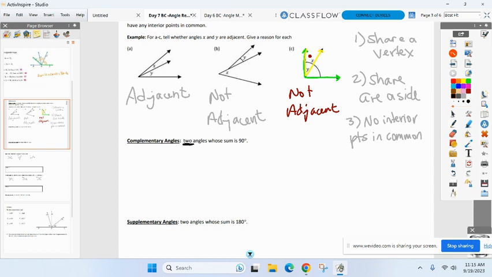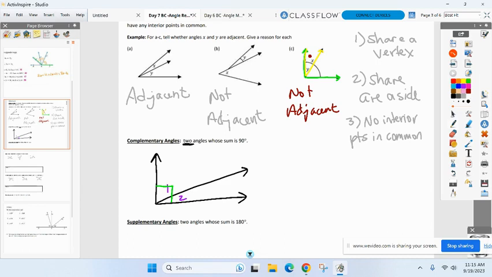All right. Let me show you the high school diagram that you'll see. The honors level. 1, 2. I put no degree measures on that, but how do I know those two are complementary? Look at that diagram right there.